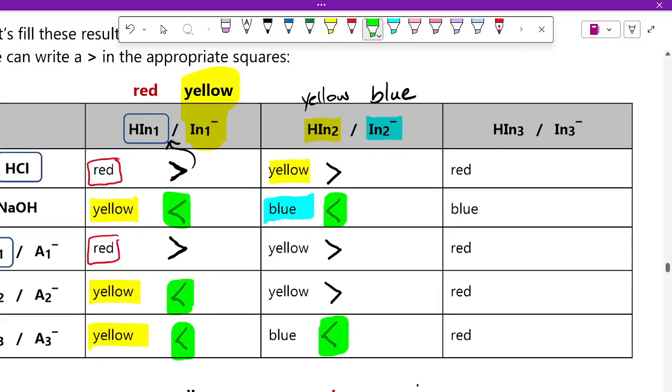Okay, and did you get the same results as I did? Excellent. Try HIN3. See if you can say what color is HIN3 and what color is IN3 minus.